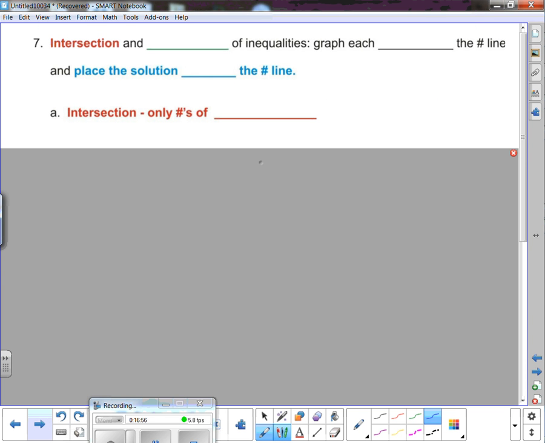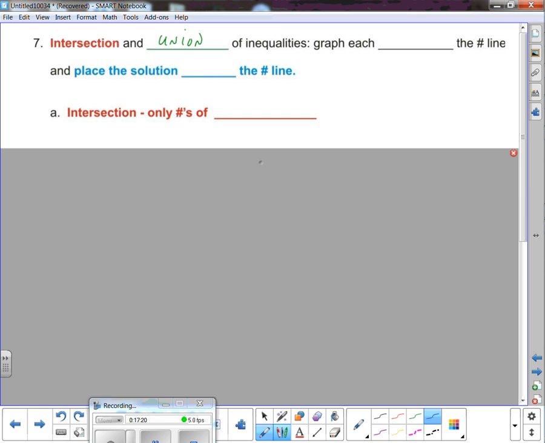All right, number 7, intersection and union of inequalities. We've talked about intersection and union with numbers. Now we want to talk about it with inequalities. These are compound inequalities, meaning 2 or more inequalities. We're going to have a whole section on this later called conjunctions and disjunctions, but we're introducing it right now.